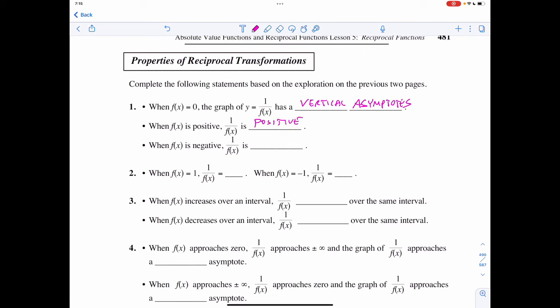When the original function is negative, the reciprocal is negative. Reciprocal does not cause reflections or change signs. When my original function is equal to 1, my reciprocal function is equal to 1. When the original is -1, my reciprocal is -1. These are the invariant points.